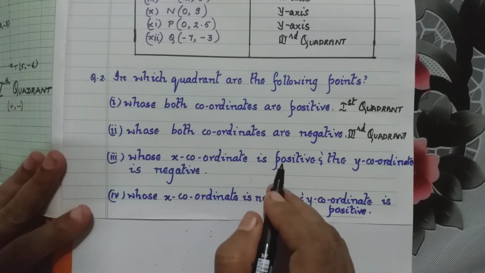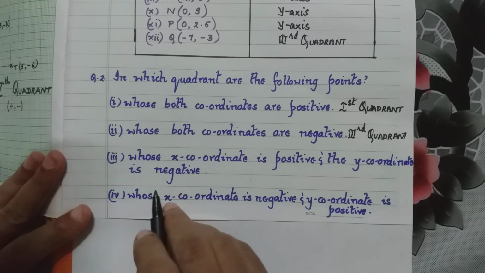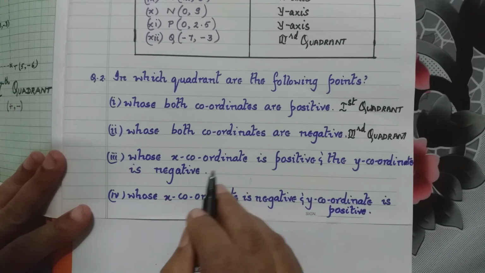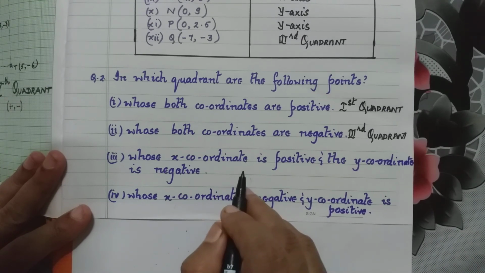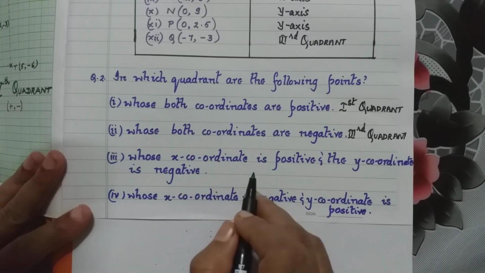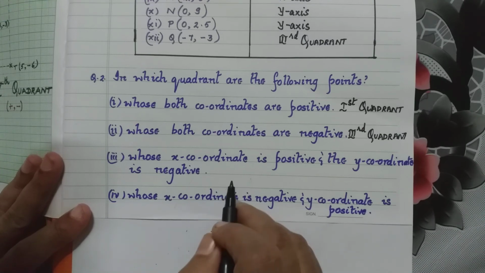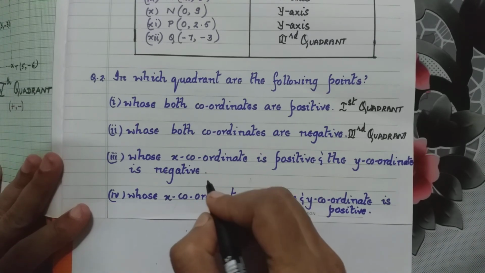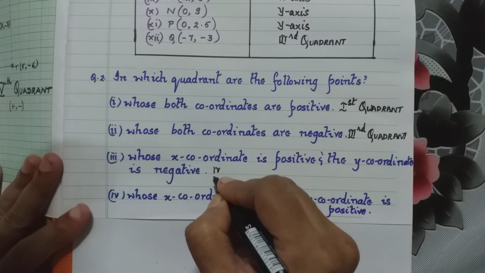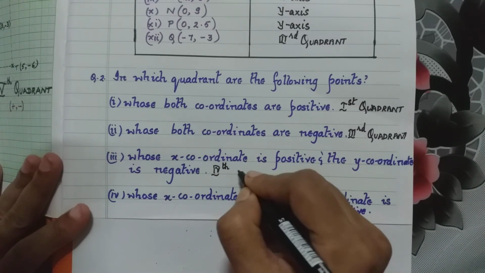Positive, negative is always in the fourth quadrant. So we write here fourth quadrant.